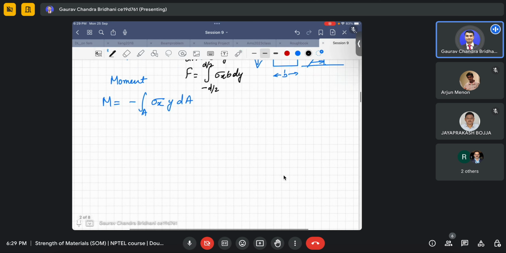Then we saw in the lecture the shear stress variation over the depth of a beam with rectangular cross section.